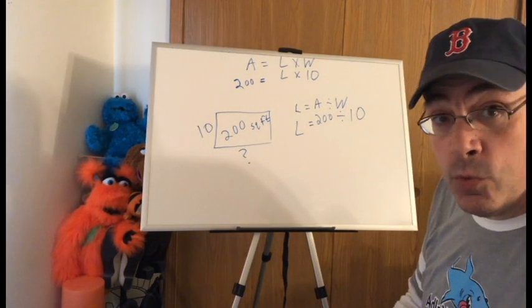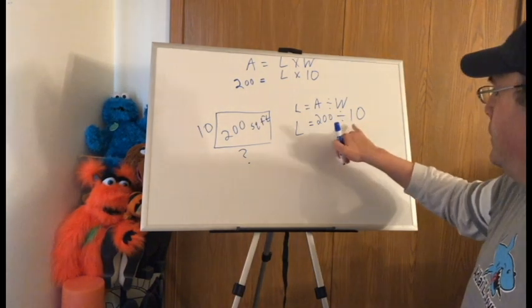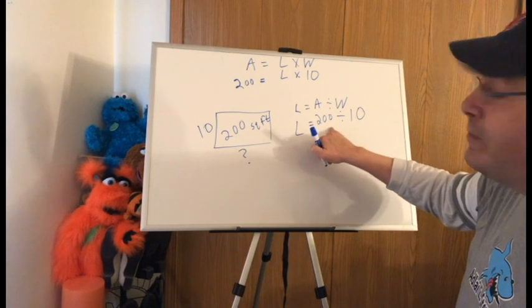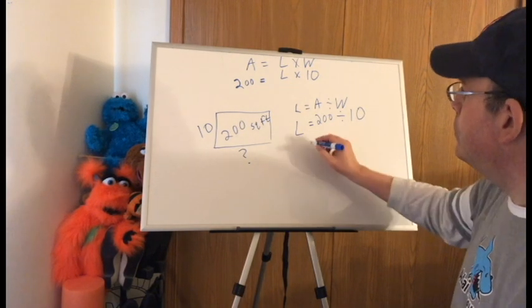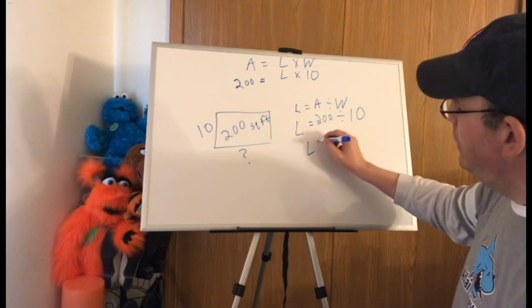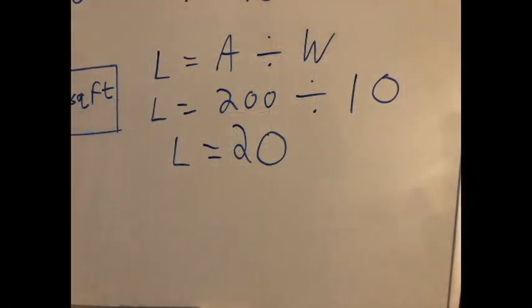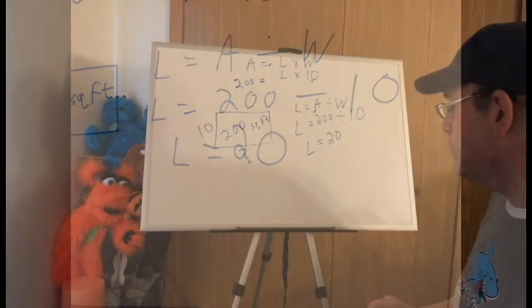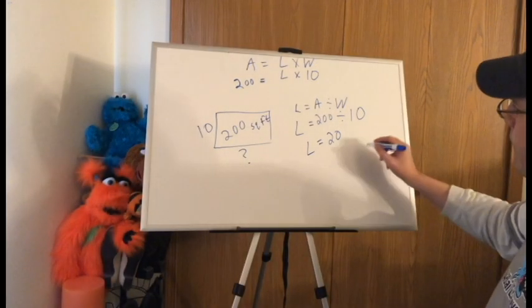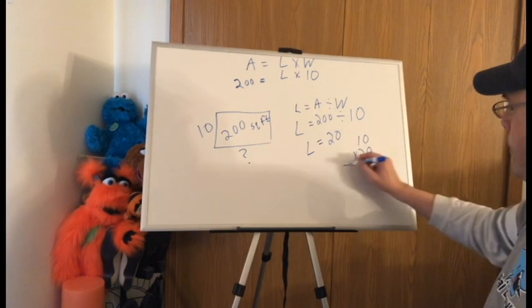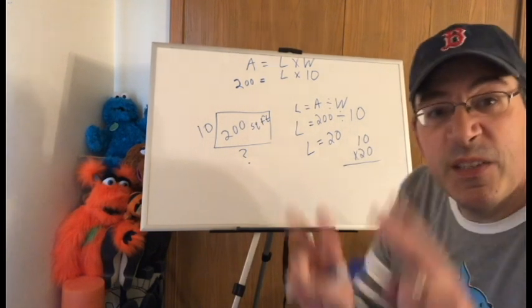Times 2 is 20. So 10 times 20 will be 200. So the length equals 20. If we check that, 10 times 20. Okay, why not do the standard algorithm?